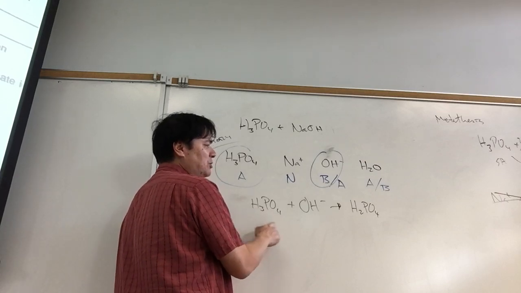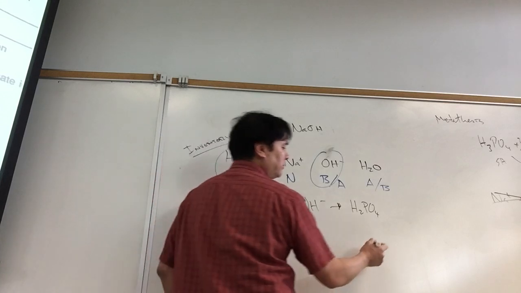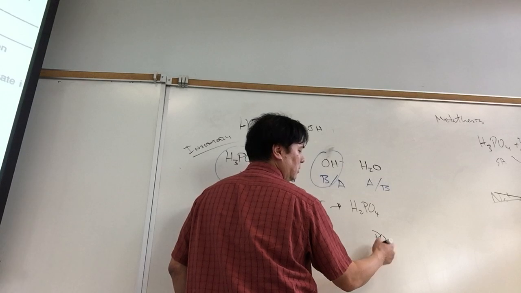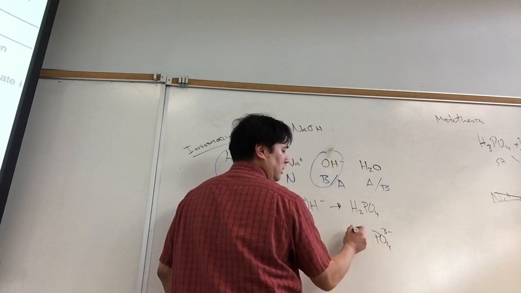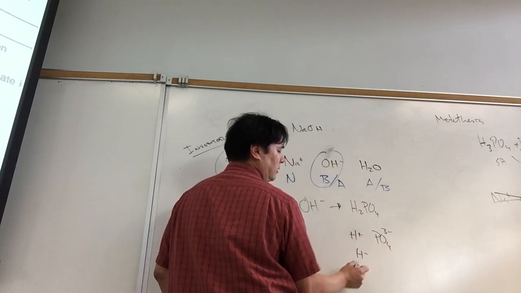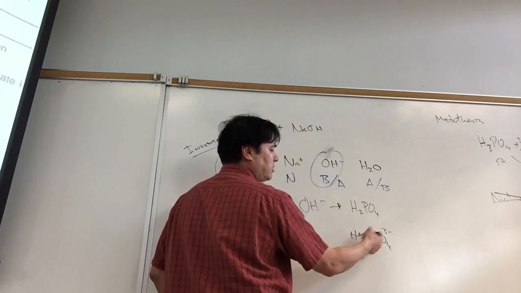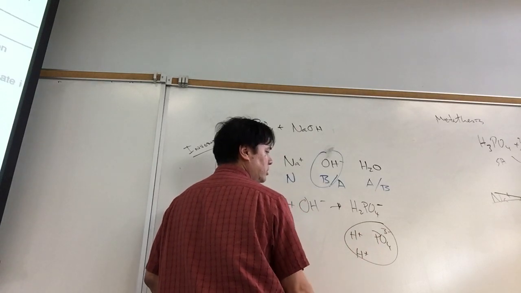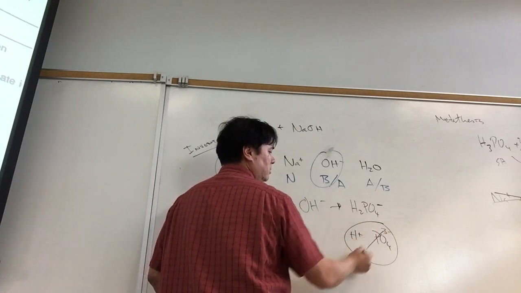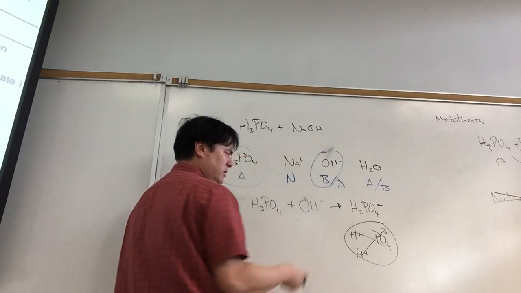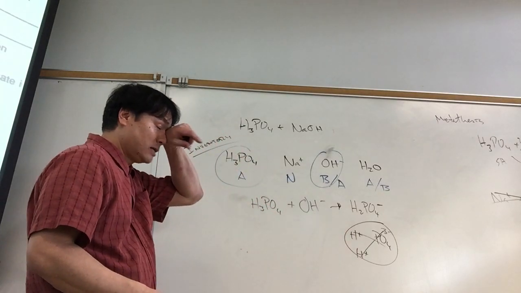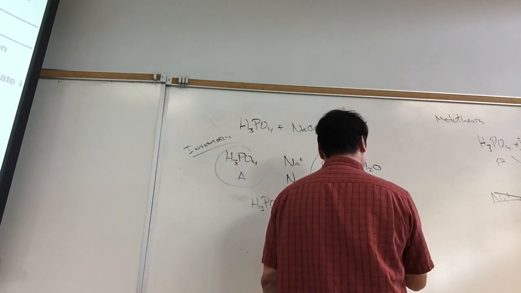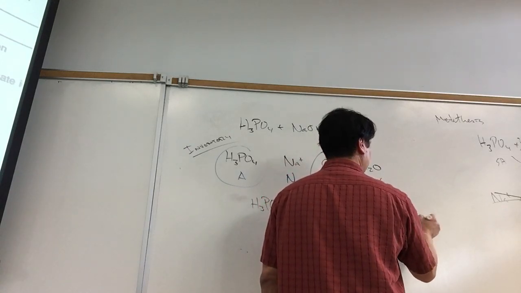If it loses an H plus, well, there are different ways we can do it. Phosphate, what is the charge on phosphate? 3 minus. And H plus, yeah, it'll be minus. So we have two H pluses and a phosphate combined to make an H2PO4, which is just going to be a minus. It's not going to split apart because it's a weak acid. Only strong acids will split apart like this. H2PO4 minus plus H2O.